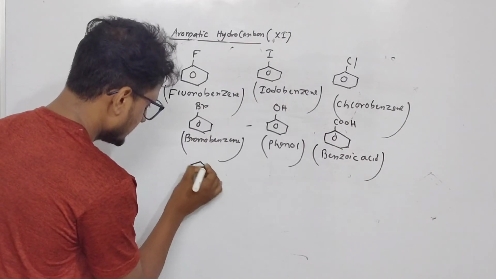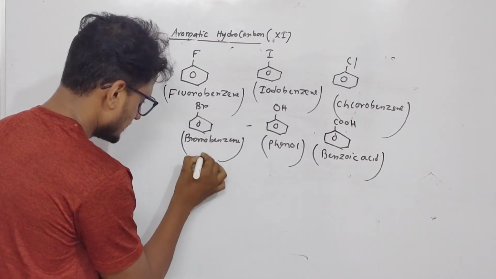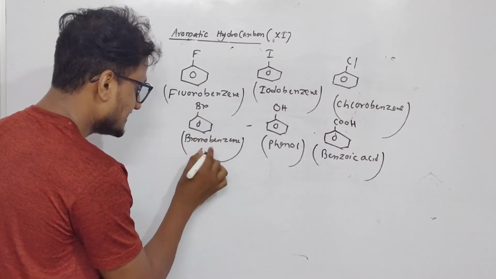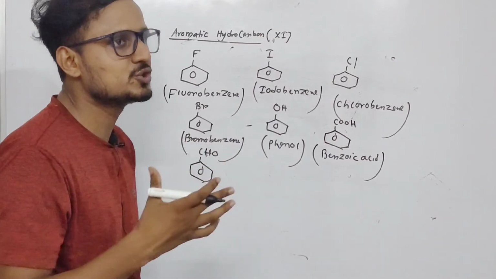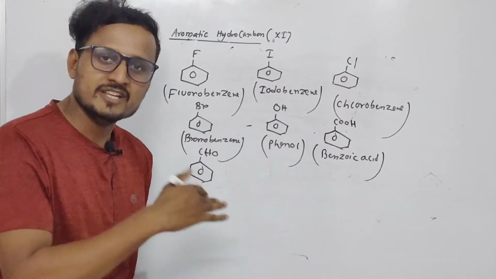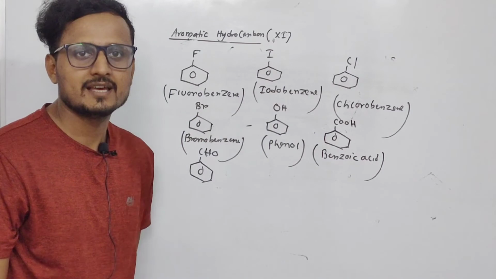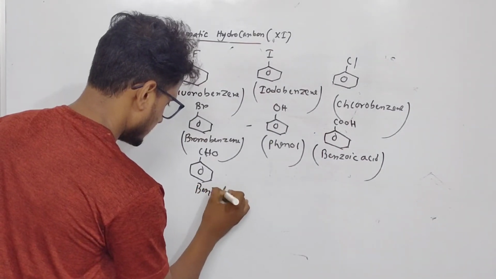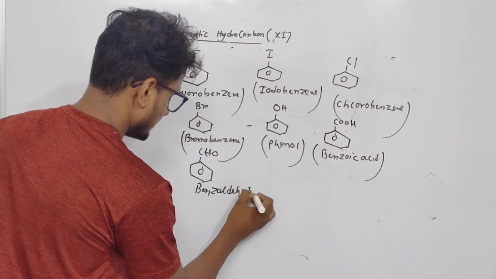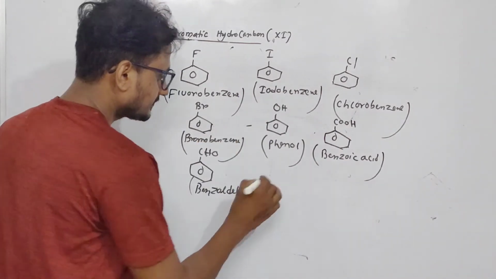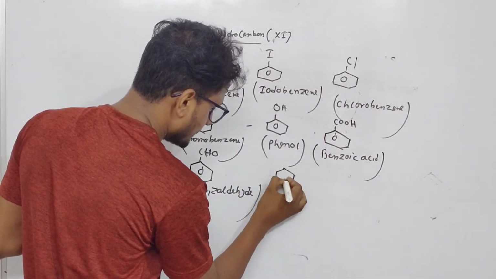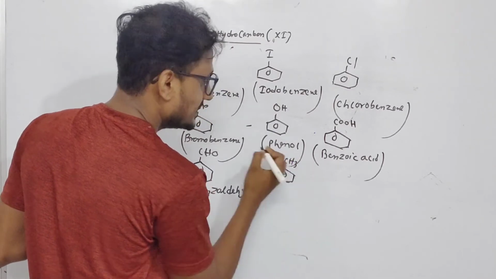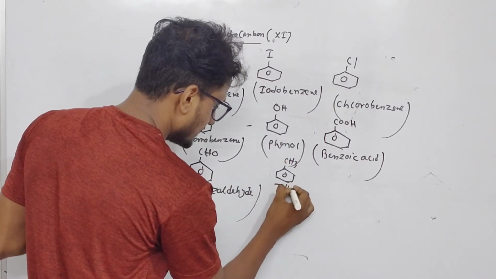Then if a CHO group is there, we all know that CHO group is aldehyde. Now benzene with aldehyde is benzaldehyde. Okay. Benzene with CH3, the methyl group, is called toluene.